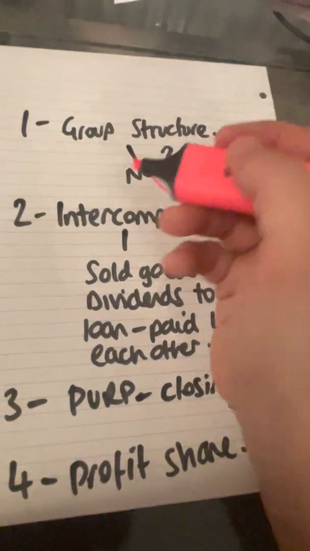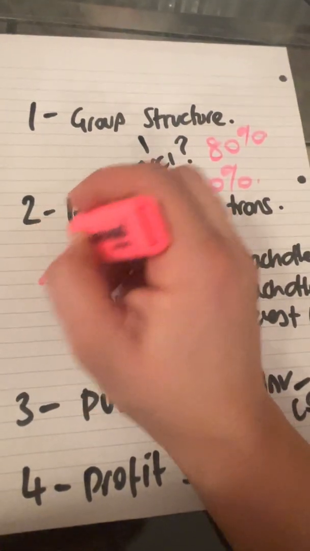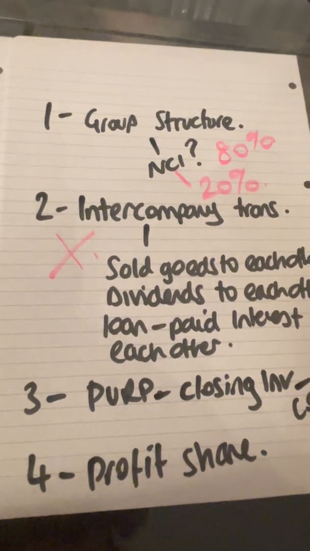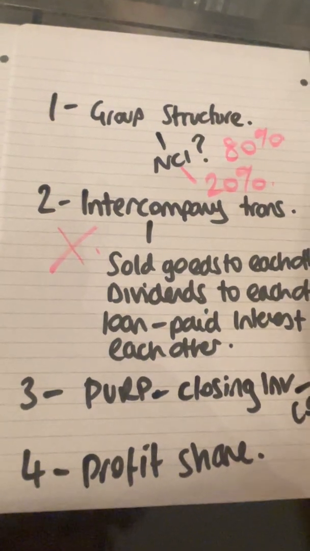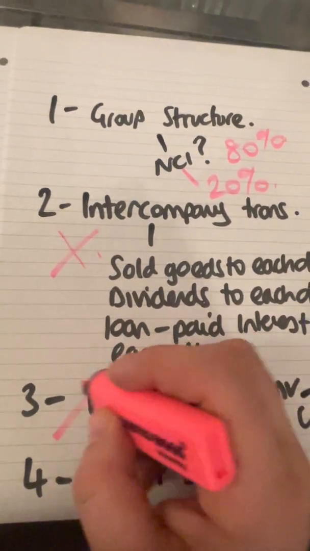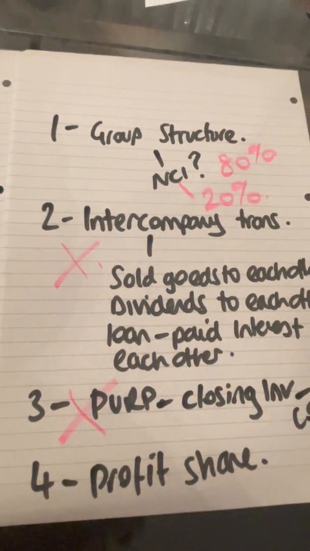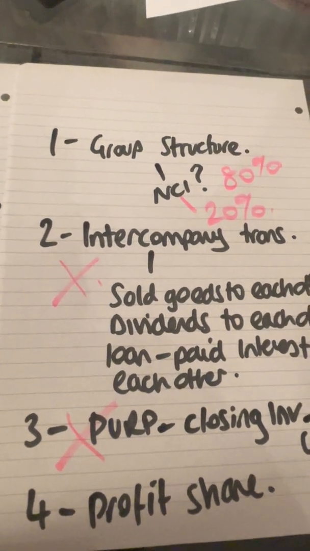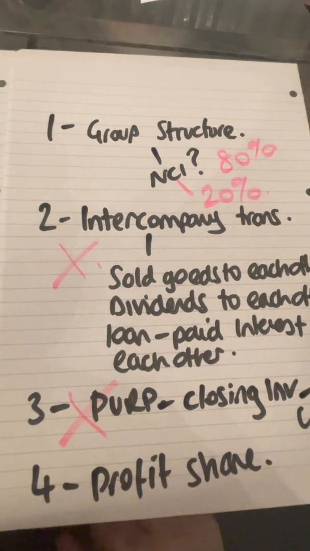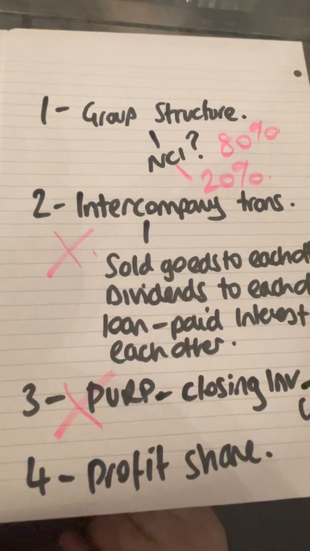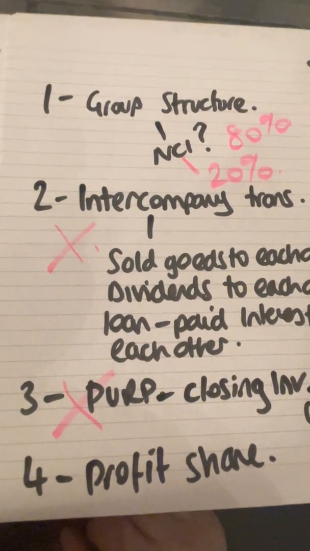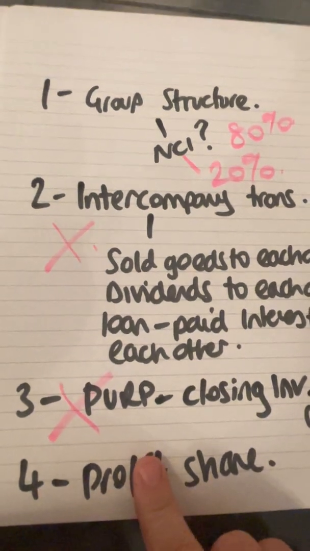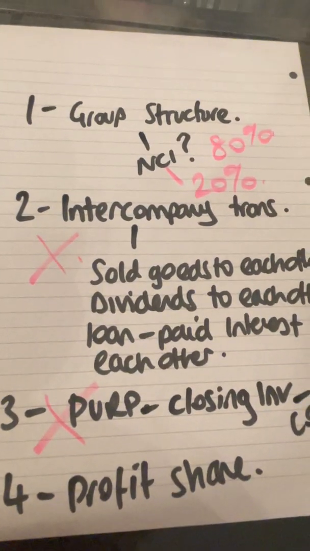So I can tick off number 2, there are no intercompany transactions, and number 3, there's also no unrealised profit. So far I've thought of factors 1, 2 and 3. I'm going to come back to number 4 when we've done our P&L.